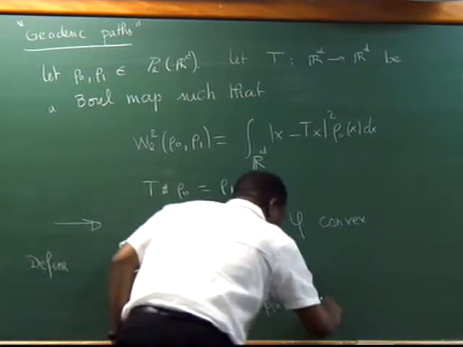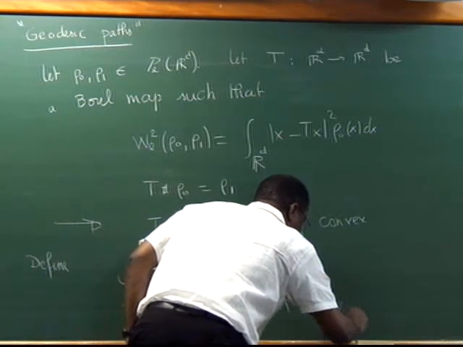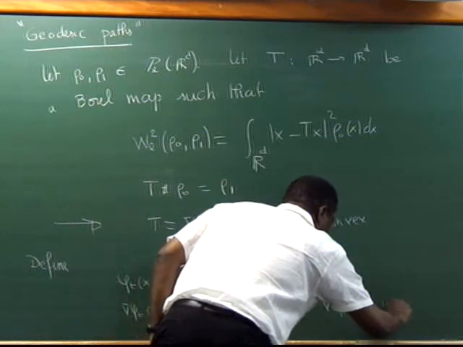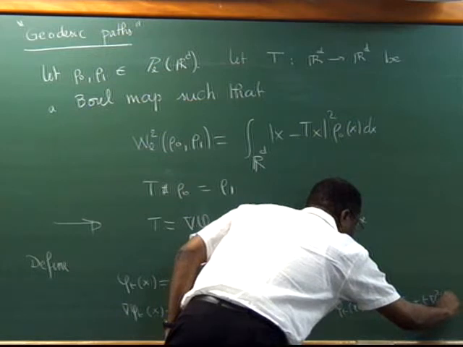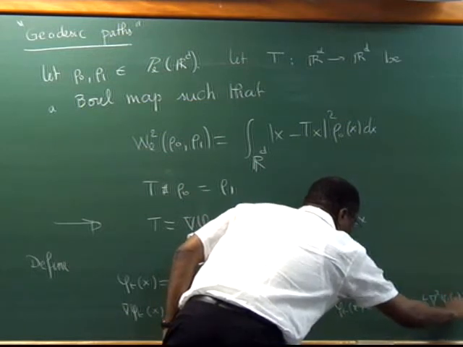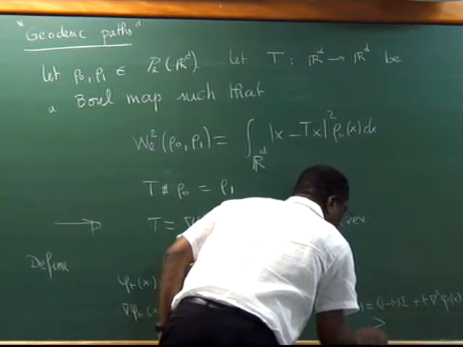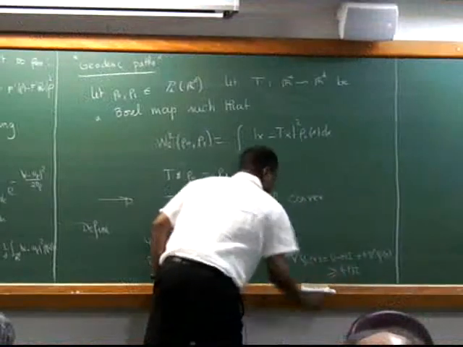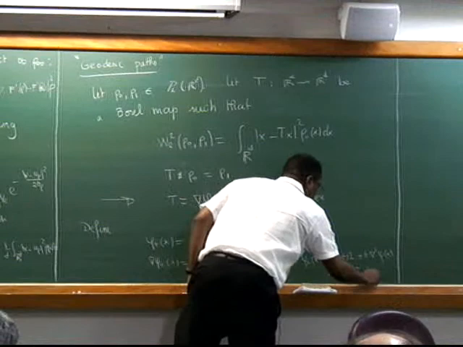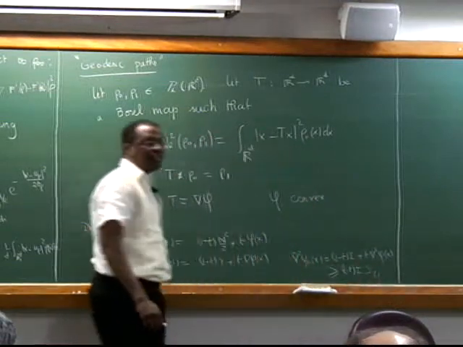The second derivative of phi t of x will be (1 minus t) identity plus t the second derivative of phi of x, and this is greater than or equal to (1 minus t) identity, which is greater than 0 if t is not 1.